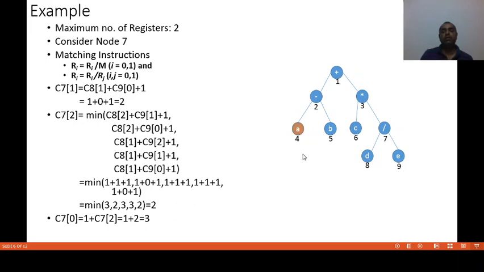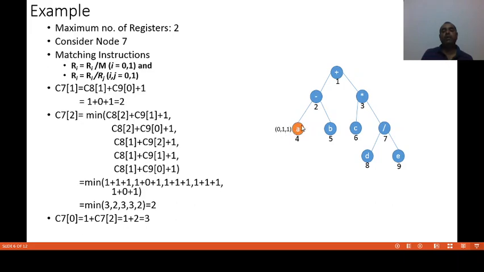Now, first we will calculate the cost function for the child nodes, or you can say leaf nodes A, B, C, D and E. For A, if I am using 0 registers to evaluate this node, then the cost for this node will be 0. You can see here this will be 0. If I am using 1 register to evaluate this node, in that case the cost will be 1.